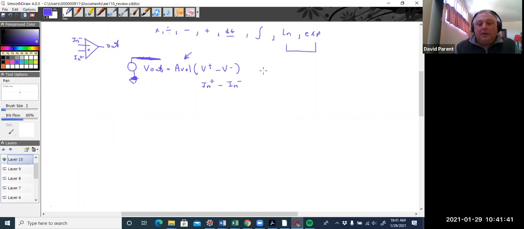In an ideal op amp, it's infinity. In a simplified form, there is a resistance that connects these two, and in an ideal op amp, that resistance is equal to infinity.